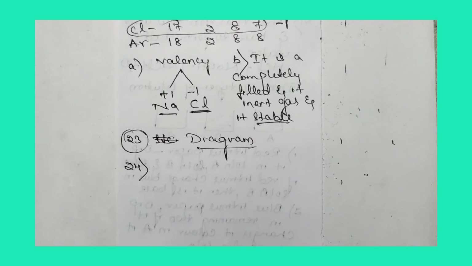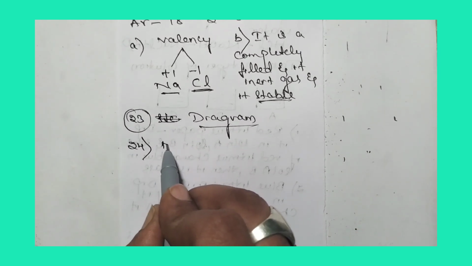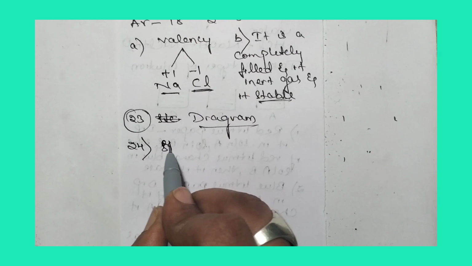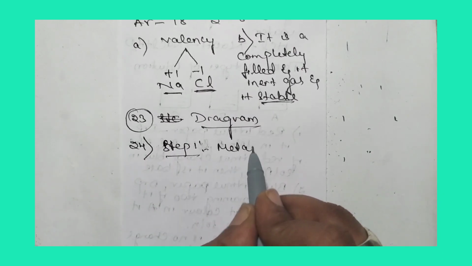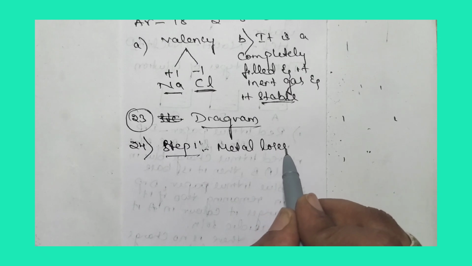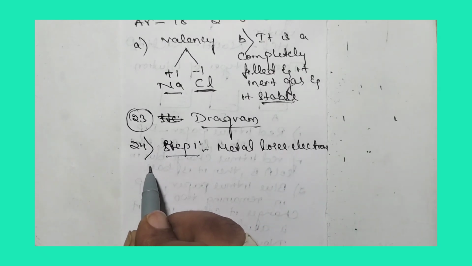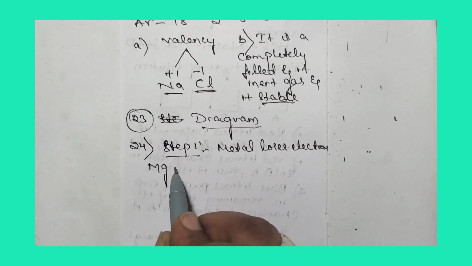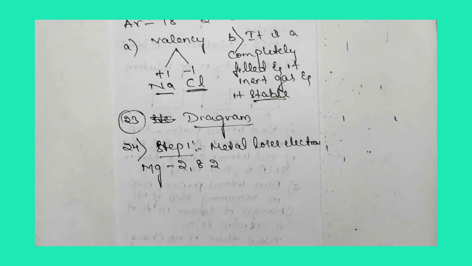The 24th question is how magnesium chloride is formed. Step number 1: metal loses electrons. Here magnesium is the metal. Its electronic configuration is 2, 8, 2.